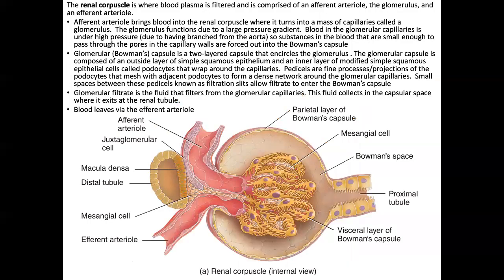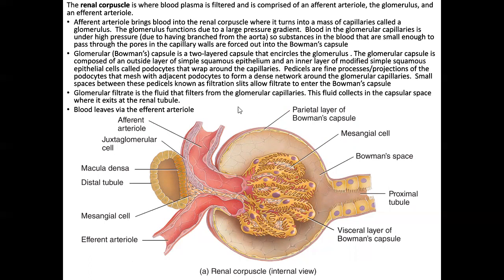I just want to introduce the anatomical parts so that we can understand their physiology, just like we always do. Introduce structure so we can talk function. As I just mentioned, the renal corpuscle is where we first filter our blood, forming filtrate. It consists of three major types of blood vessels.